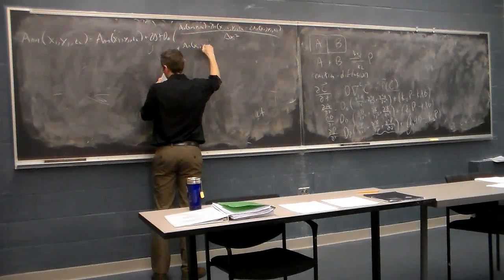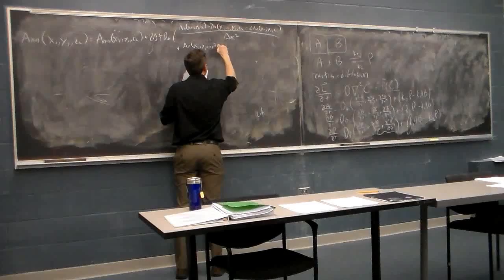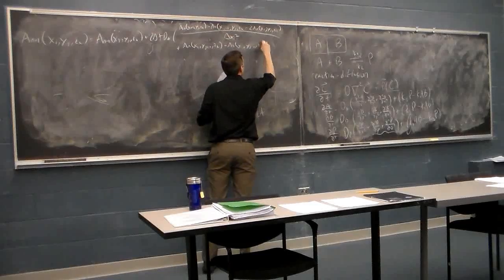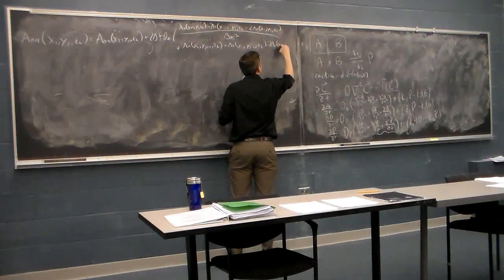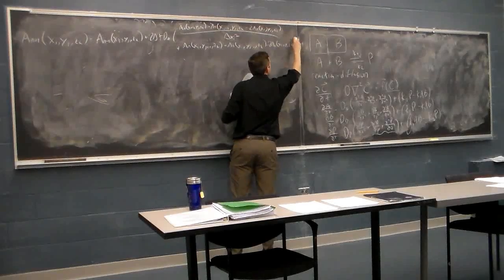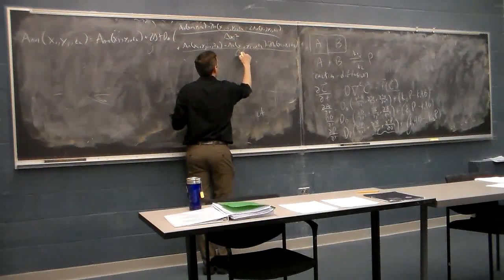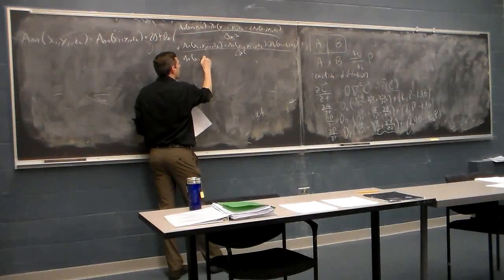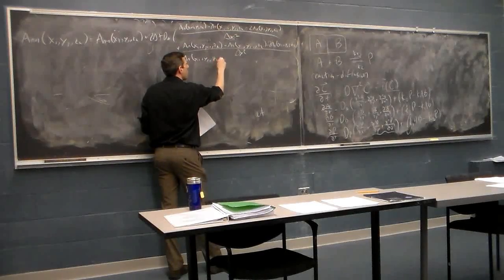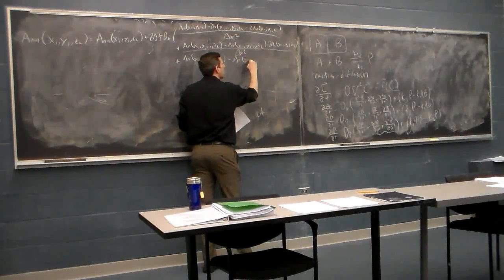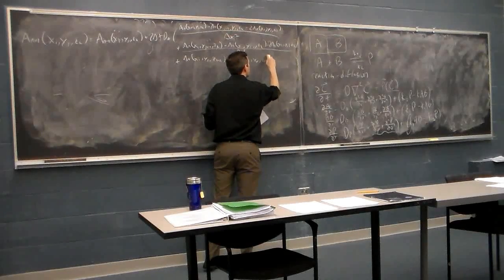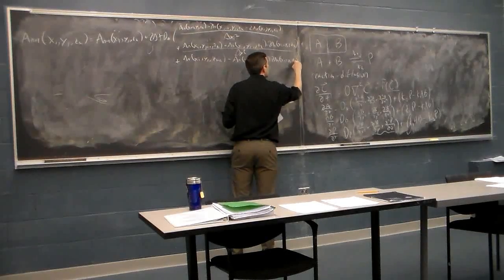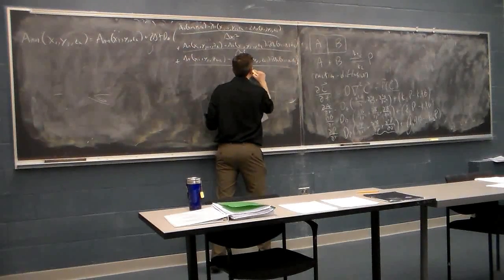So A sub n at xi, yj plus 1, zk, minus 2 A sub n at xi, yj, zk, plus A_n at xi, yj minus 1, zk, over delta y squared, and A_n at xi, yj, zk plus 1, minus 2 A_n at xi, yj, zk, plus A_n at xi, yj, zk minus 1, over delta z squared.